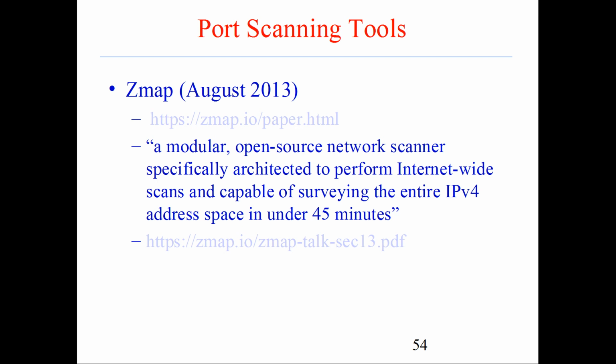ZMap is just downright awesome. It can do, I believe, everything Nmap can do, or at least facilitate equivalent Nmap functionality much, much quicker. ZMap can, with a single PC and a decent internet connection, scan the entire IPv4 address space in under 45 minutes.